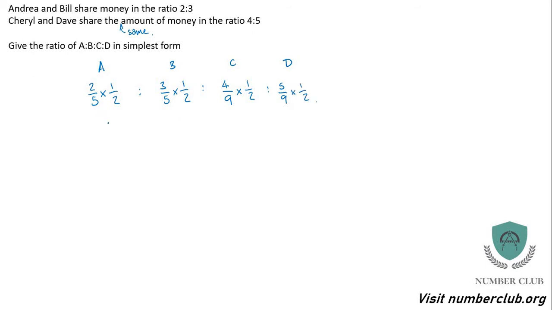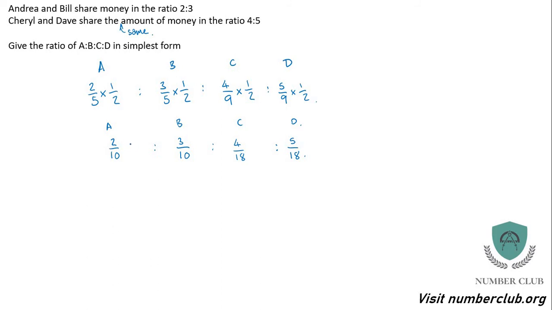All we need to do now is multiply some bits up and tidy up as best we can. We want this in simplest form, which means we need to give integers. So we've got 2 over 10 to 3 over 10 to 4 over 18 and 5 over 18.